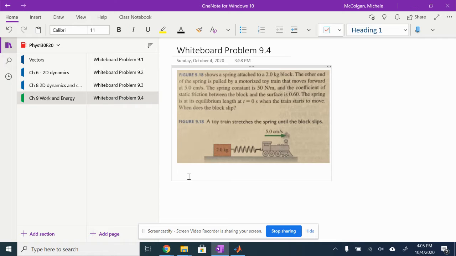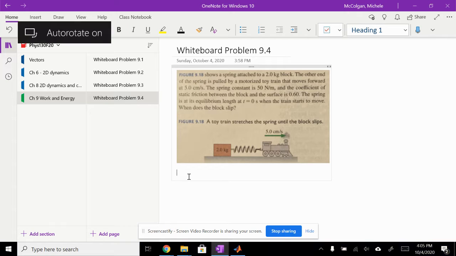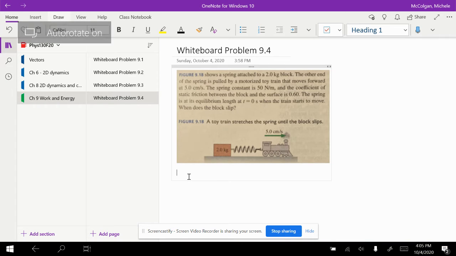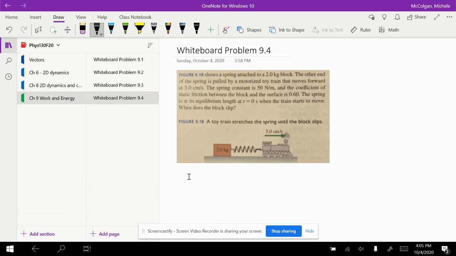What we want to do first is start with a free body diagram. So let's look at our block and draw our boundary. We have the force of the normal, the force of gravity, the force of static friction against the motion, and the force of the spring.